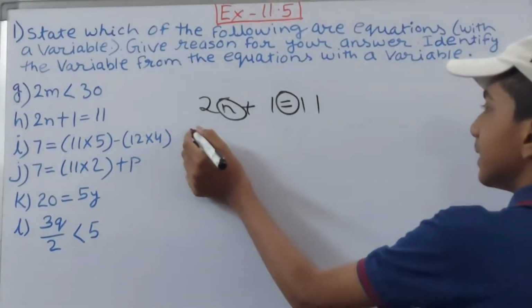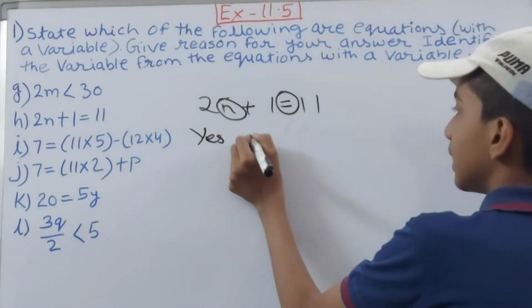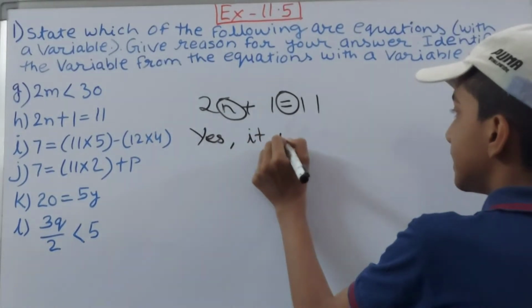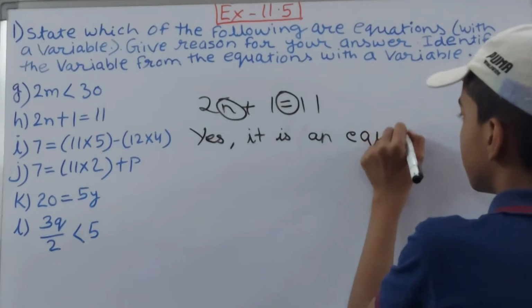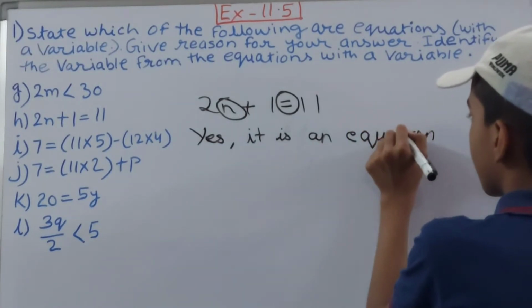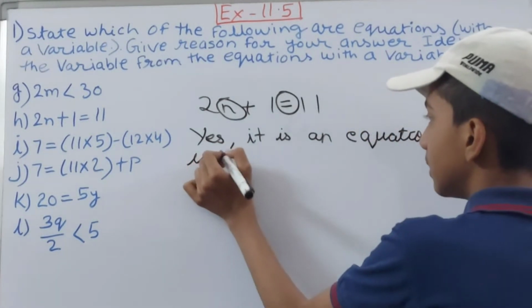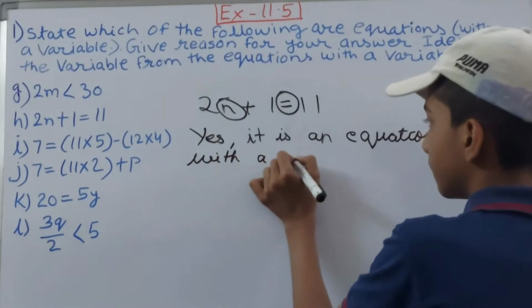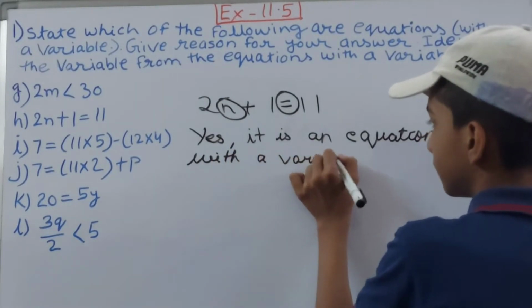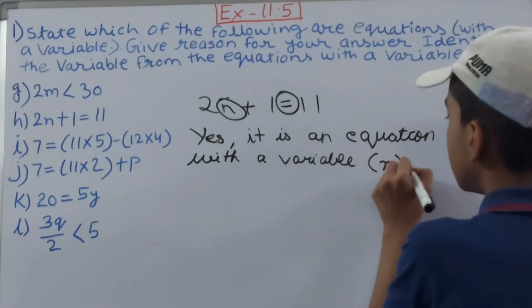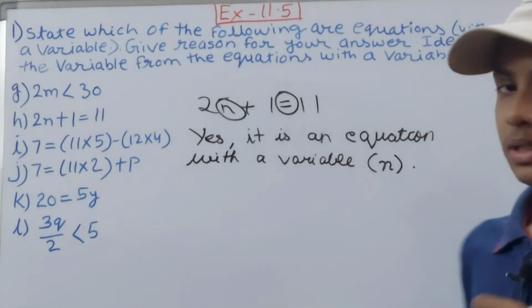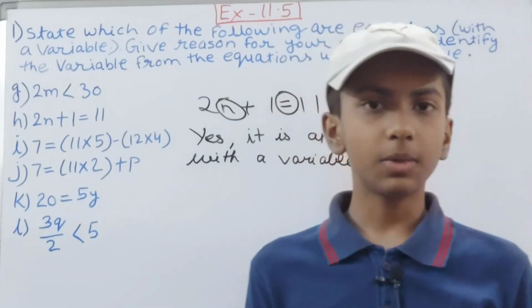So you can say yes, it is an equation with a variable, and that variable is n. So you can write over here. Okay, let's move on to the next part.